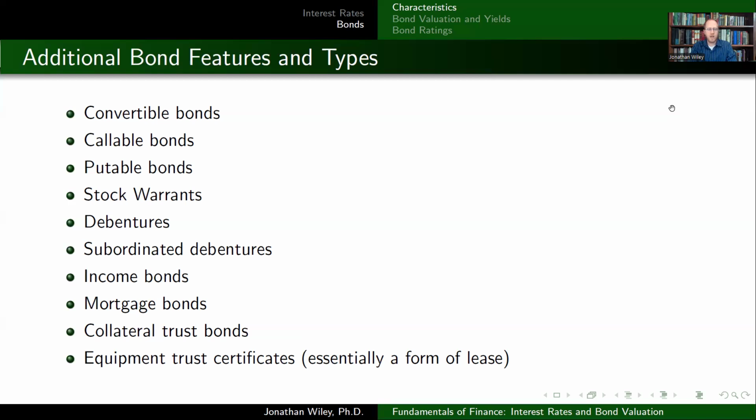The callable bond is an advantage to the borrower, because the borrower can pay off the loan at their discretion, as long as that call period is in effect. So that's advantageous to the borrower. Not so great for the investor. The reason for that is, imagine that the investor had lent money to the company when rates were 10%, and then rates in the marketplace dropped to 4%.